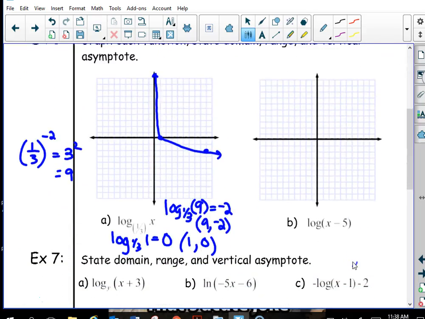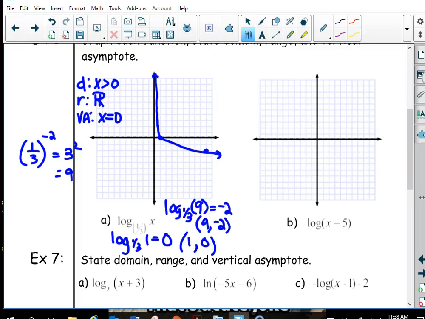Okay, so domain, range, and vertical asymptote. The domain, again, x has to be greater than 0. The range is all real, and my vertical asymptote is at x equals 0. So wherever your domain moves to, that's where your vertical asymptote moves to as well.